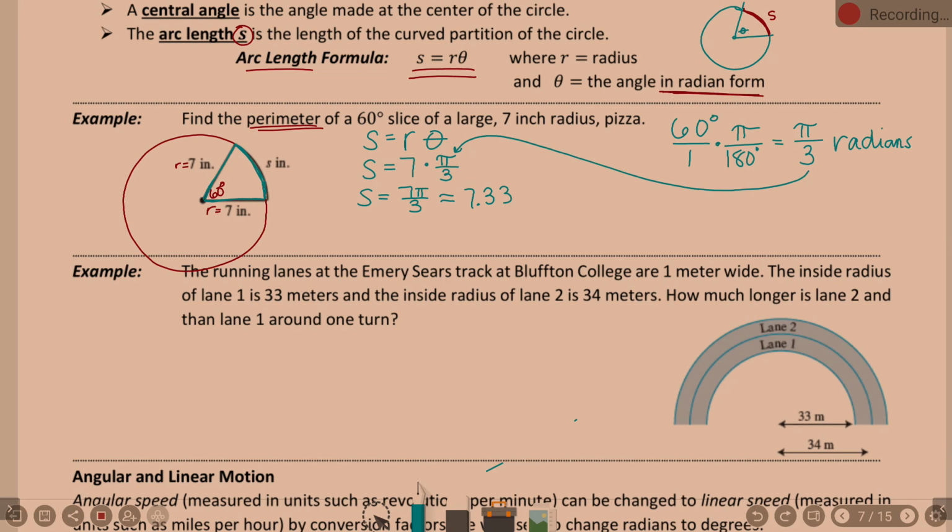No, because officially my directions were to find the perimeter. The perimeter of the slice of the pizza, if you think of the pizza having three sides: straight edge 7 plus straight edge 7 plus curved edge 7.33 gives me an approximate perimeter of 21.33 inches.